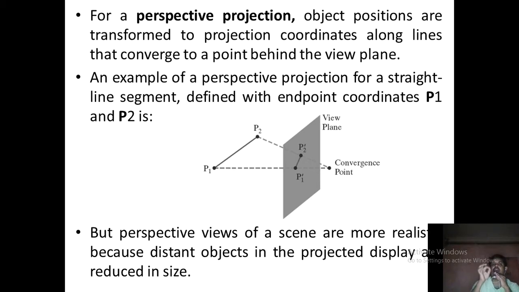Normally our eye looks in a perspective way, right? Perspective views of a scene are more realistic because distant objects in the projected display are reduced in size. As I told, if you take projection towards the convergence point, means for a longer distance, at that time the object will be smaller. If you take the same projection towards you, then you will feel the object is bigger, right? Normally our eye looks like this, and our real camera also does like this, right?